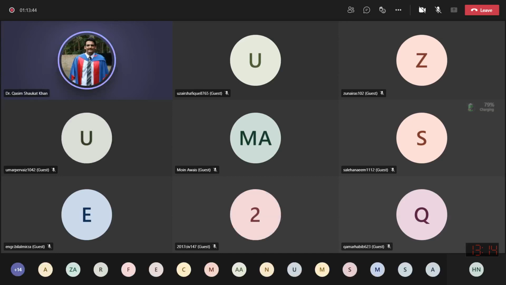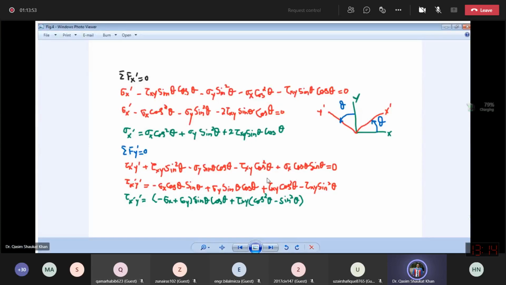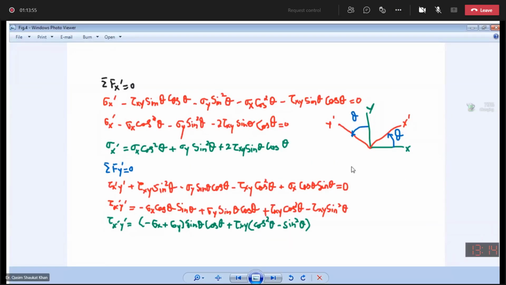So now this should be figure number 4. Okay. Now what we are going to do, we already have the expressions that summation of forces about the x dash axis is 0 and summation of forces about the y dash axis is 0.